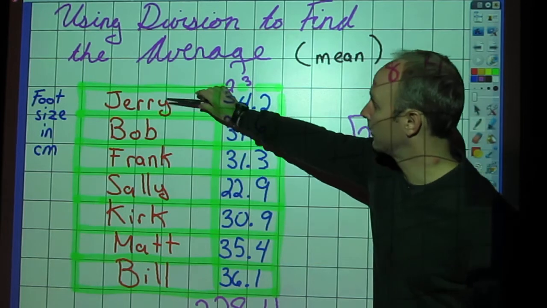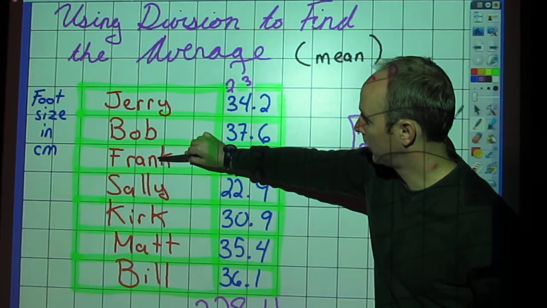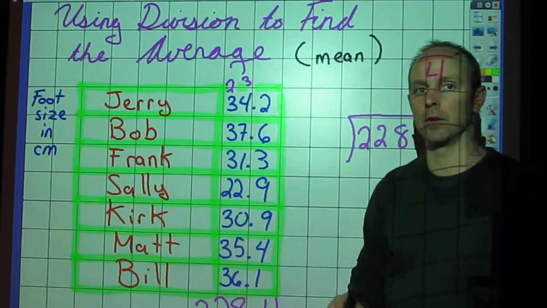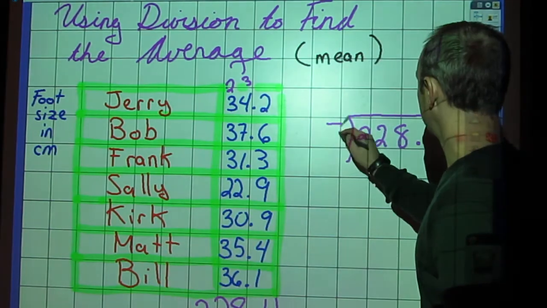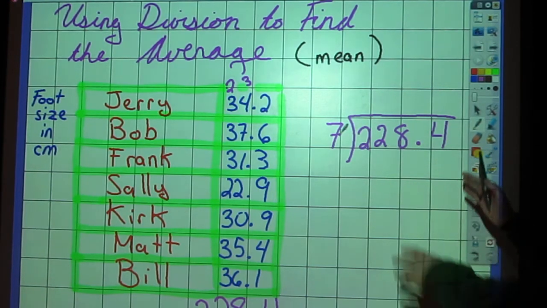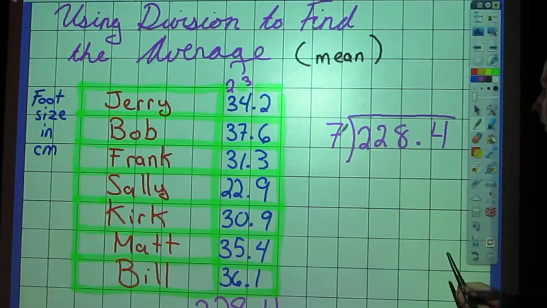So in this case we have 1, 2, 3, 4, 5, 6, 7 people. So because I have 7 people and their total length is 228 and 4/10 of a centimeter, I need to divide by 7.